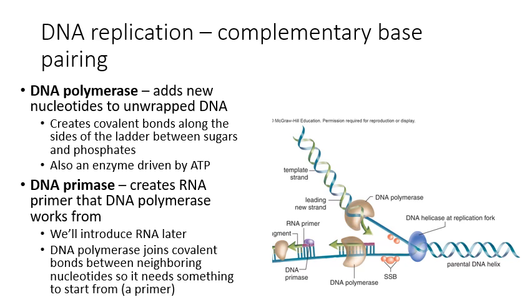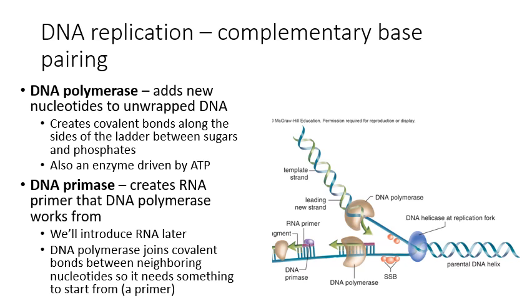So DNA polymerase is one of the enzymes involved in the complementary base pairing phase of DNA replication. And we also have DNA primase involved. DNA polymerase only works from existing strands. So, this is our DNA.